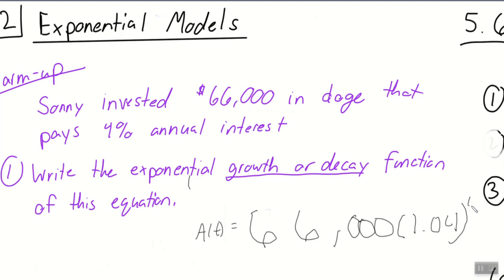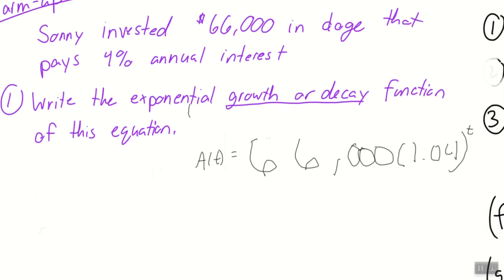Yeah, after the parentheses, right there. Perfect. Okay, so after 3 years of investing, how much will he have at the end? 3 years. So after 3 years, how much does Sunny have?